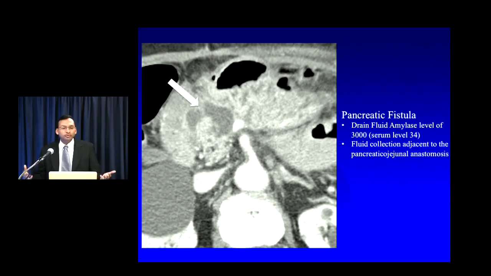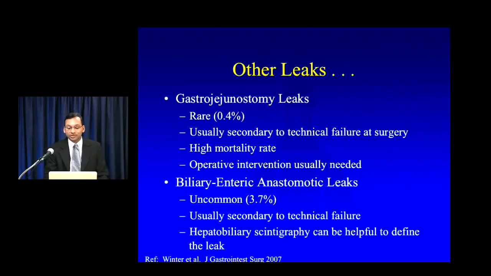So large free air, large fluid collections, something that makes you suspect that the anastomosis is completely broken down. And typically this is not a clinical dilemma, right? When you have massive anastomotic dehiscence at the pancreatic jejunostomy, these patients are really sick, they're in the ICU, they're on the verge of dying. So this is not usually going to be some kind of a dilemma for the surgeons to deal with.